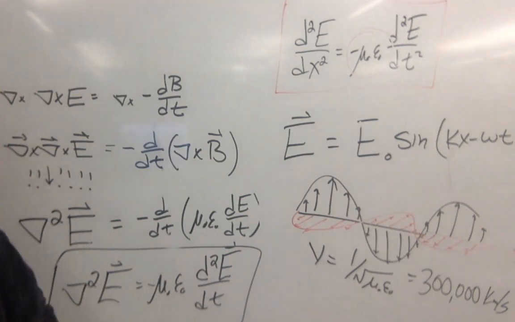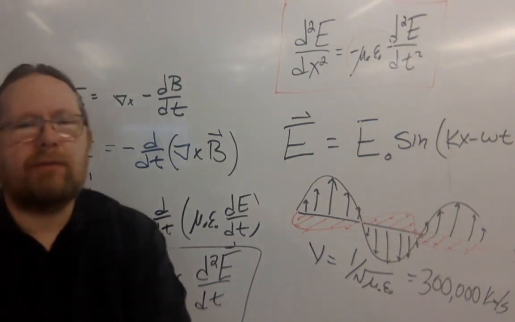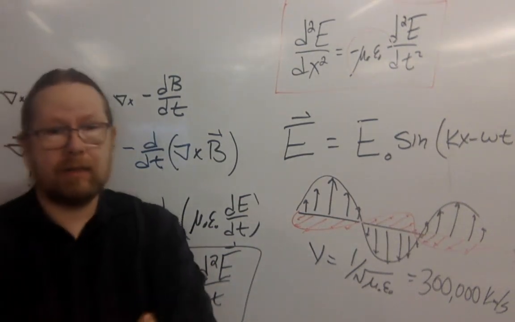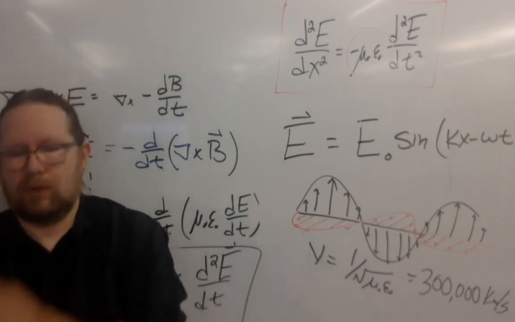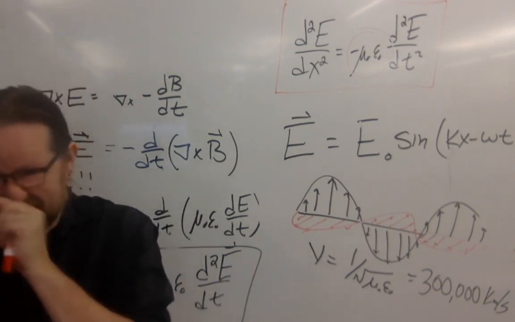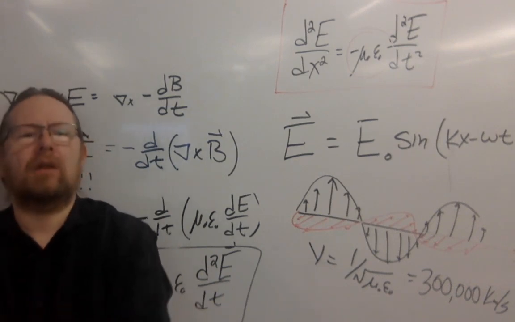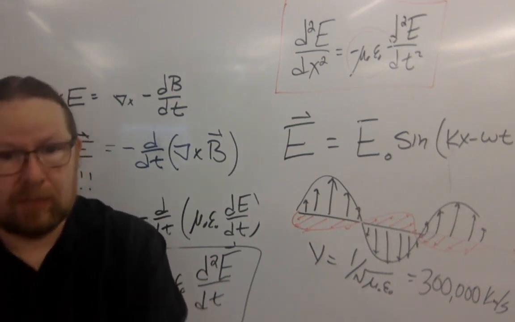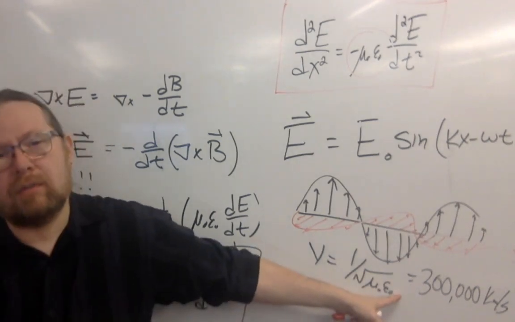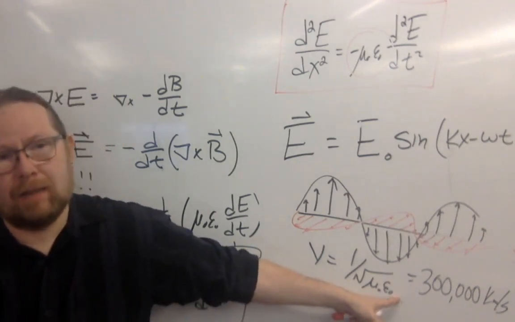That number would have been familiar to Maxwell in the 1800s. We have known since the late 1600s, I think at least the early 1700s, what the speed of light is. And the speed of light is 300,000 kilometers per second, 3 times 10 to the 8th meters per second.